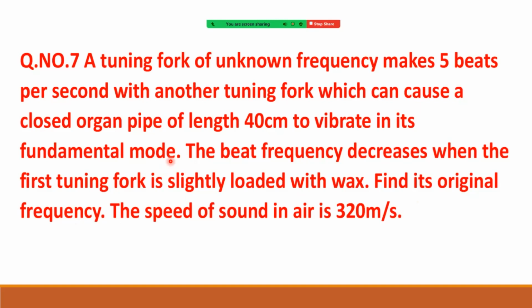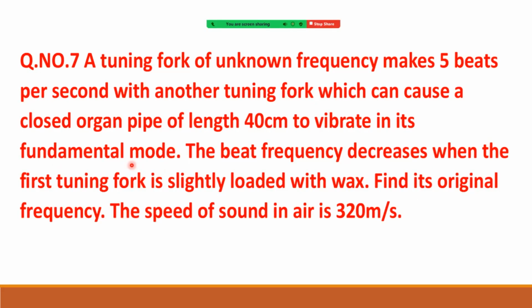Students, if you observe carefully, the difference between the previous question and this question is that in the previous question, the frequency of one tuning fork was given directly. But in this problem, we have to find it. See what you are given: a tuning fork which can cause a closed organ pipe of length 40 cm to vibrate in its first harmonic.